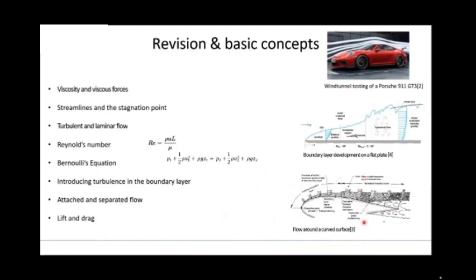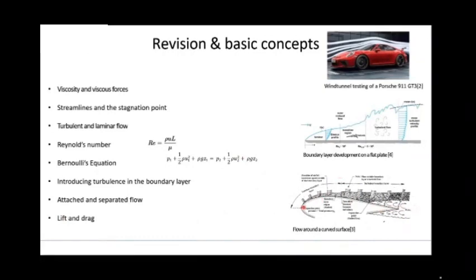Drag: if our flow has separated, so it's detached from our object, what we tend to see is this low pressure turbulent region at the rear of our object. And if we've got a low pressure region attached to the rear of our object, clearly that's going to try and draw it in this direction.